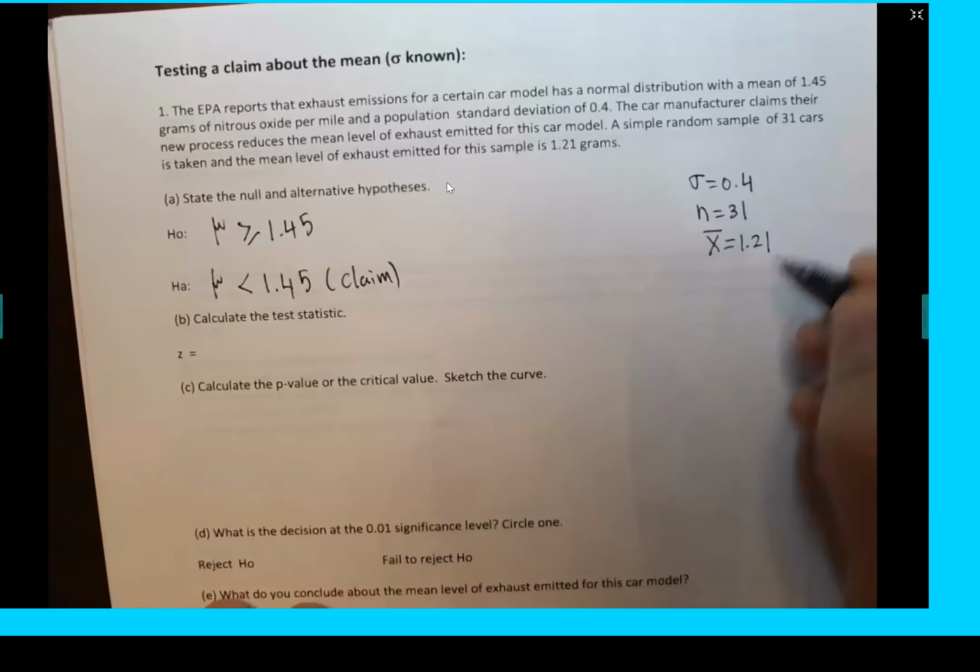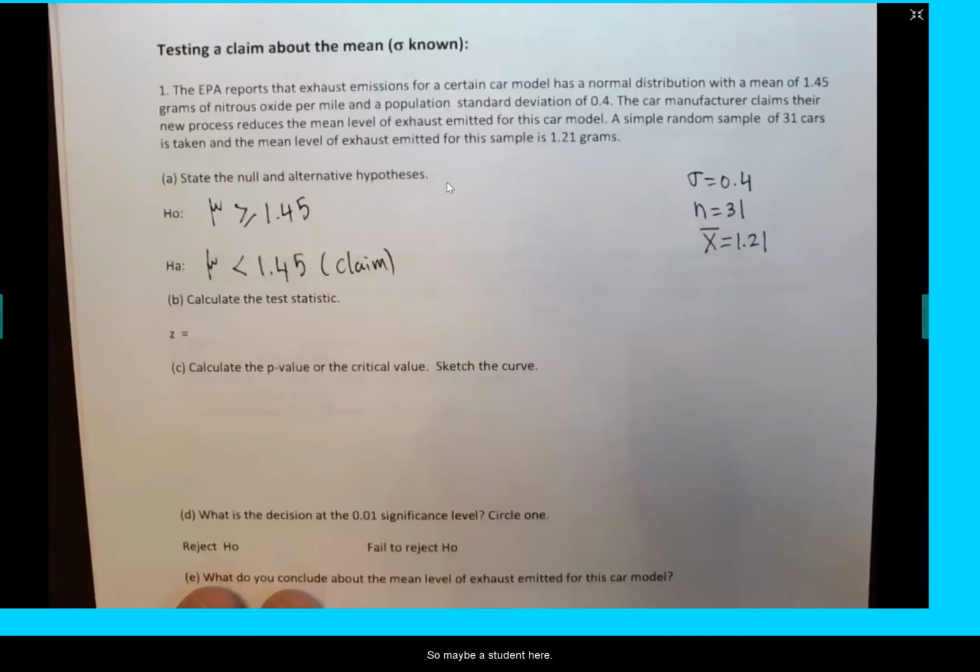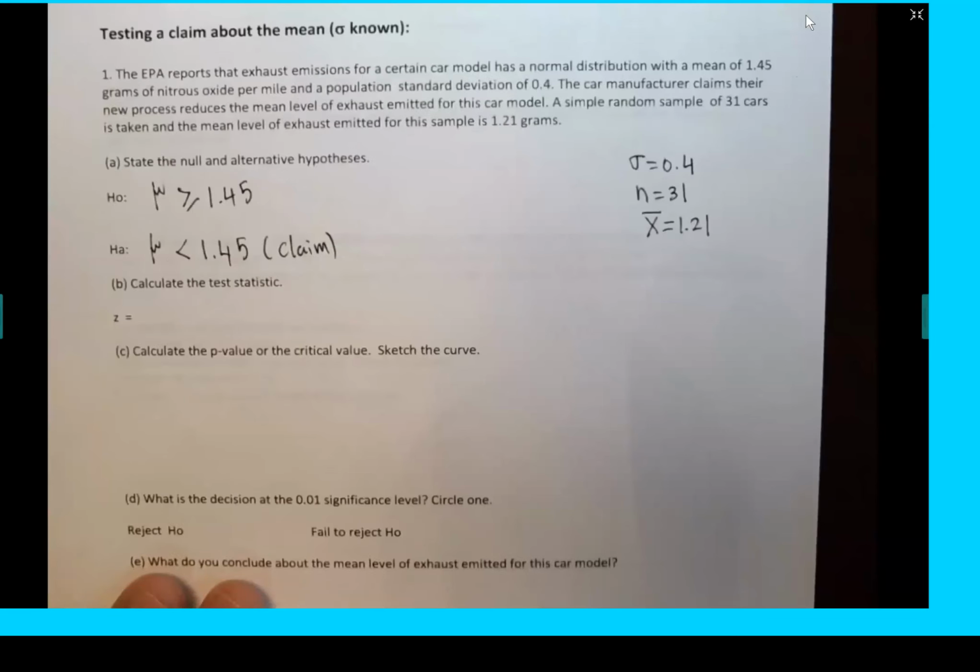All right. So maybe a student here... What about now? Is it still frozen? A student told me the camera is frozen. Is it still?